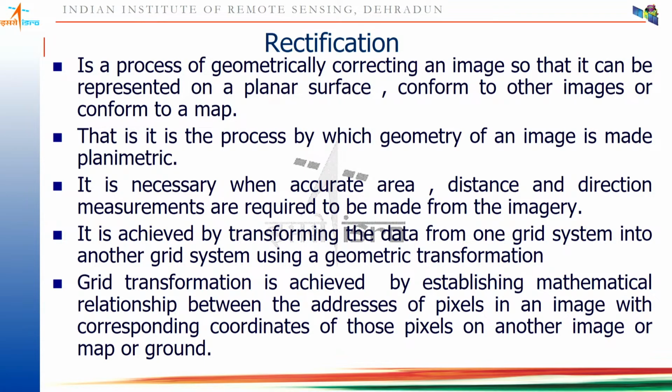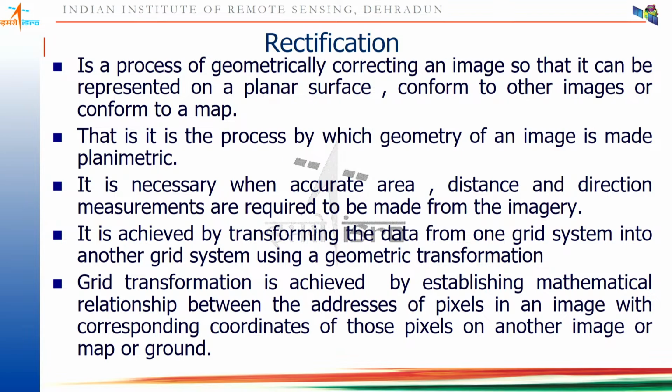In other words, it's a process by which the geometry of an image is made planimetric. Now, why do we need it? It is necessary whenever we want to use an image as an image map. We use a map to measure accurate area, distance and direction, right? So whenever I want to use an image for the same purpose, I need to do this step called rectification.